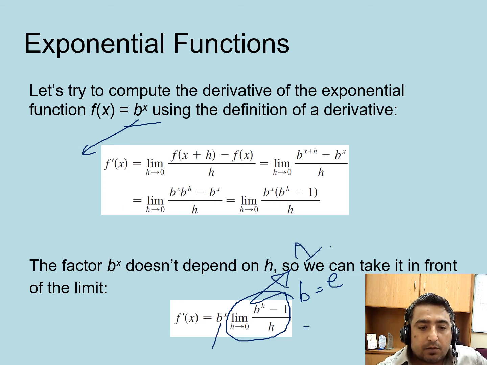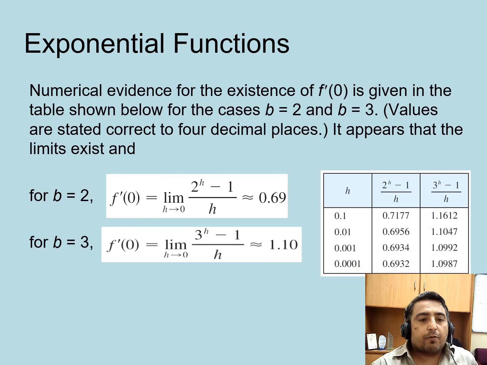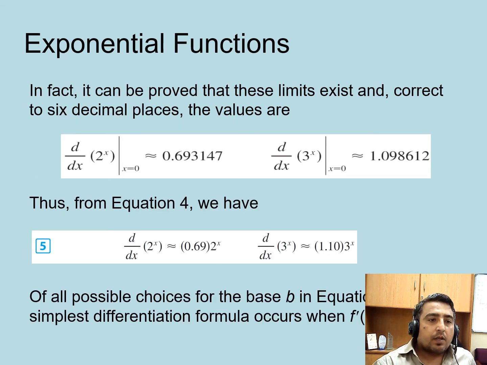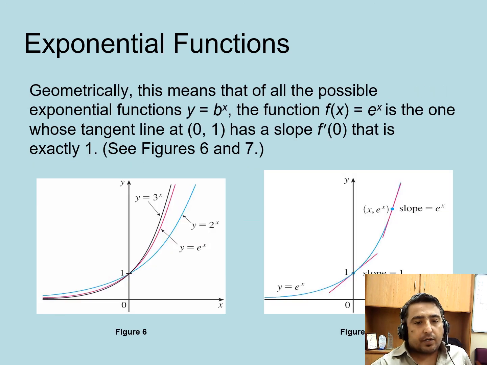So the derivative will be e to the power x, as a special case. This is how the identity is proved using L'Hopital's rule.